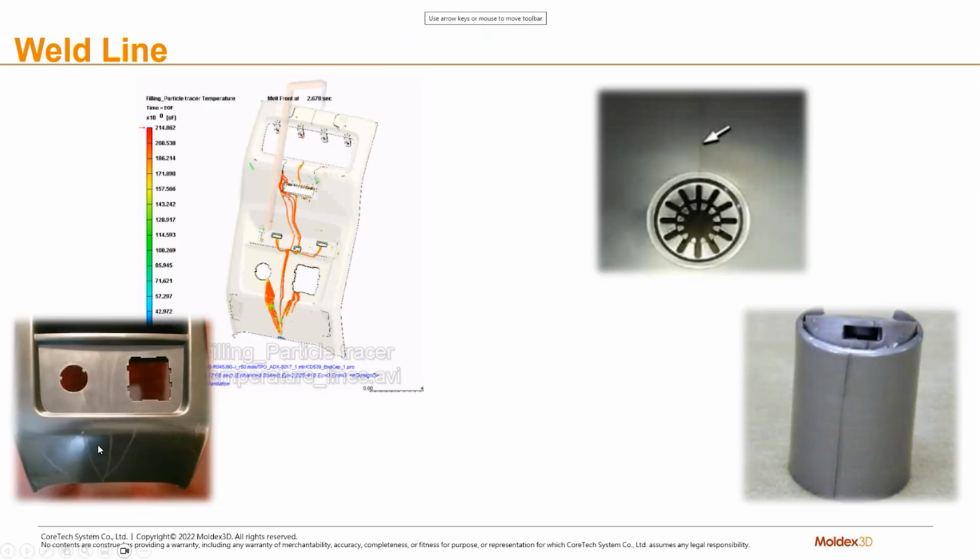So you can see the weld lines are aesthetic defects, but they can go deep, not just on the surface, but inside where the melt fronts are actually meeting inside the thickness as well. On the surface, they are surface defects, but inside they may be more of a structural issue as well.